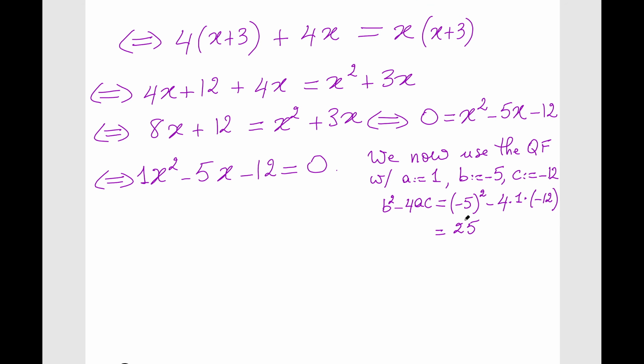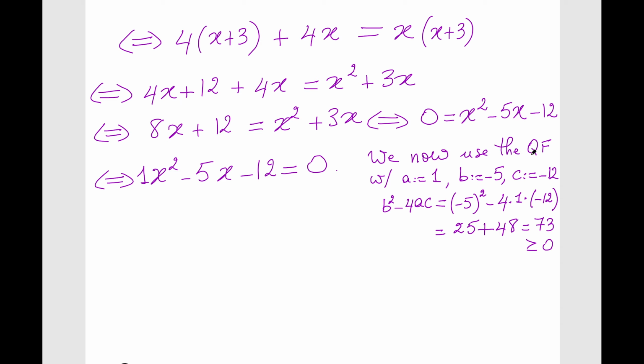The square of -5 is 25. Minus times the minus is plus, right? So plus 4 times 12 is 48. Okay. And what's 25 plus 48? This is 73, right? Which is certainly non-negative.